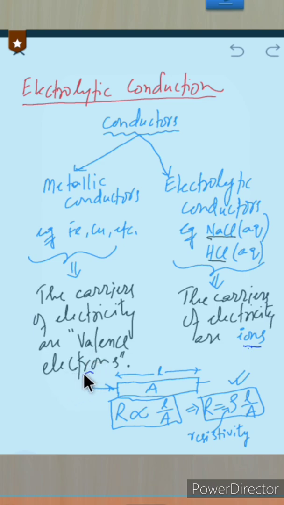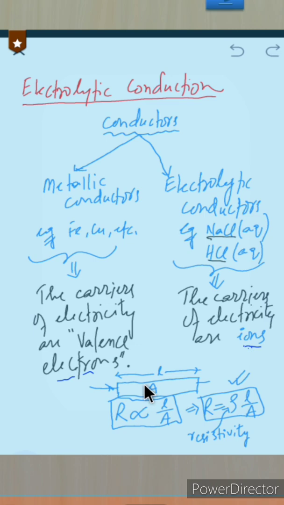Before this, what are electrolytes? Electrolytes are those substances which dissociate into ions when dissolved in water. So NaCl when dissolved in water or HCl when dissolved in water, they dissociate into ions. So these dissociated ions can carry electricity, so they are conductors.